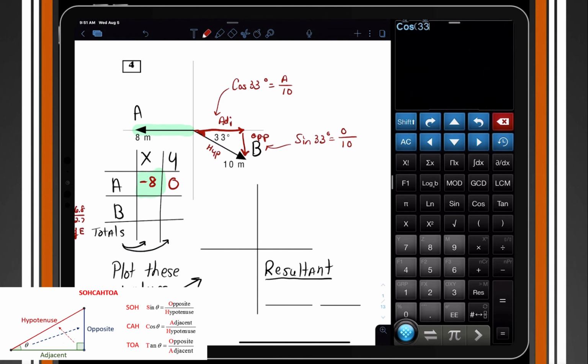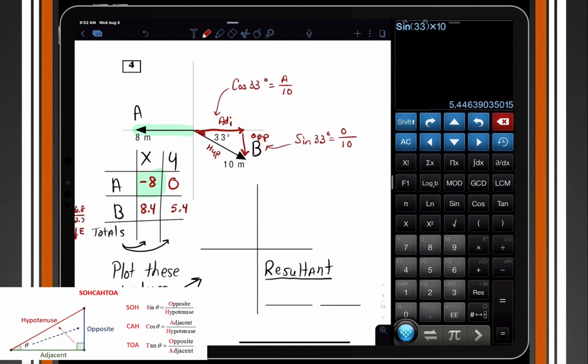We have cosine 33, close it, times 10. You get 8.4 for the x value, 8.4. It's going to the right, so that is positive. Next one, we have sine 33 times 10, equals 5.4.